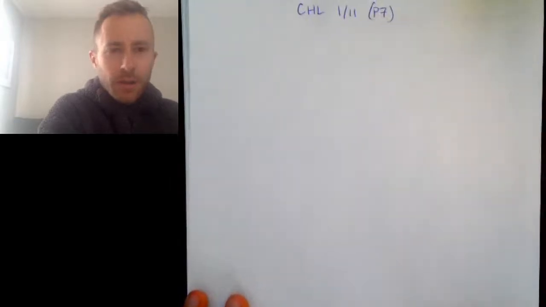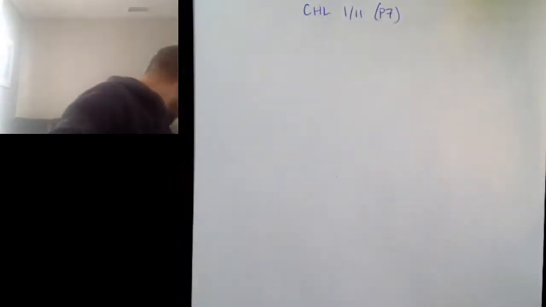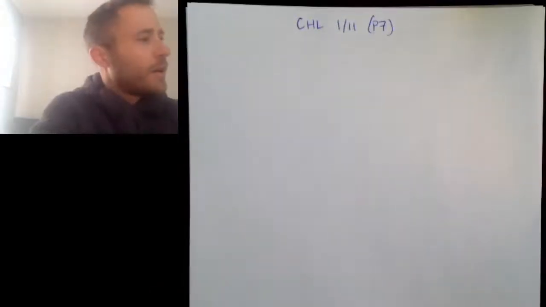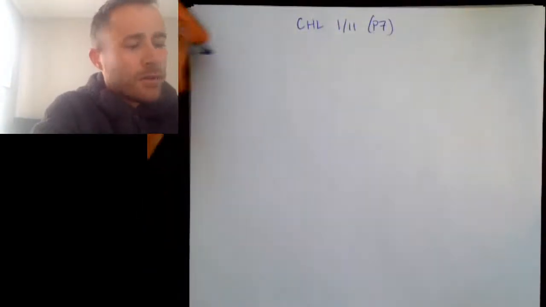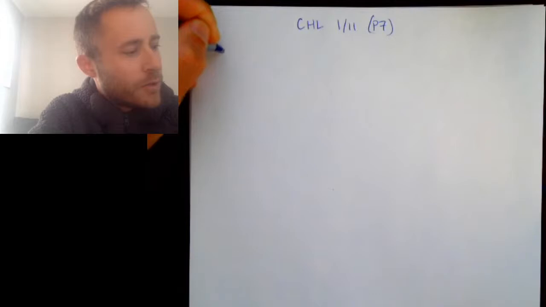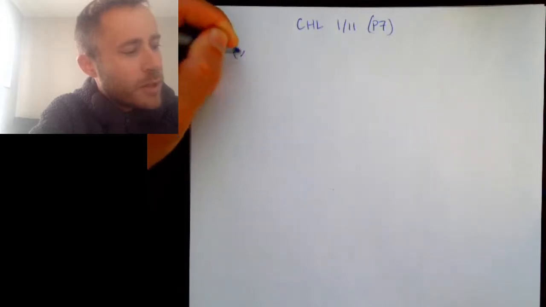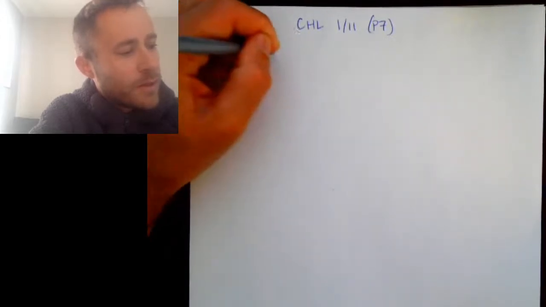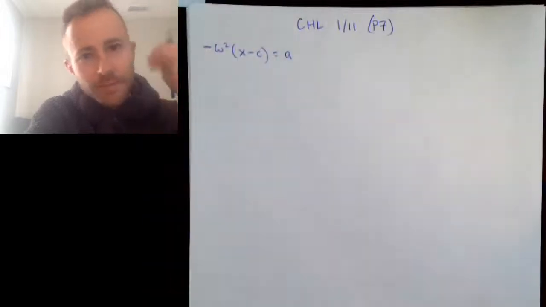So we're going to continue talking about simple harmonic motion today. Just to remind you, the equation of simple harmonic motion is minus omega squared times the quantity x minus c equals the acceleration.